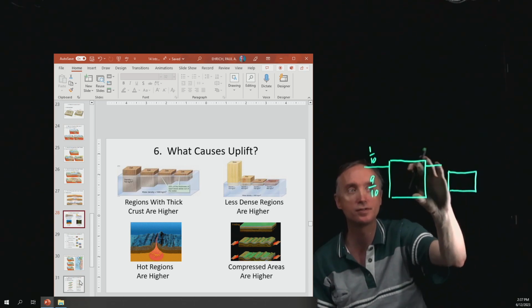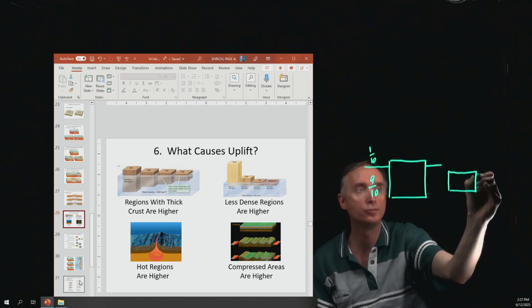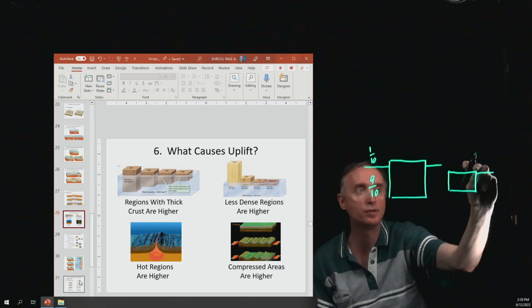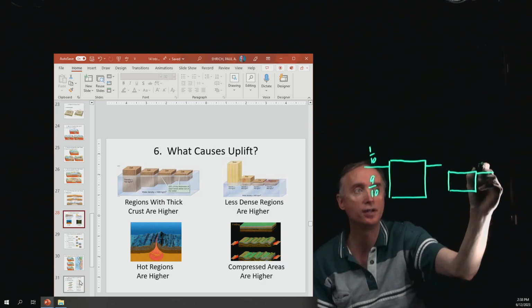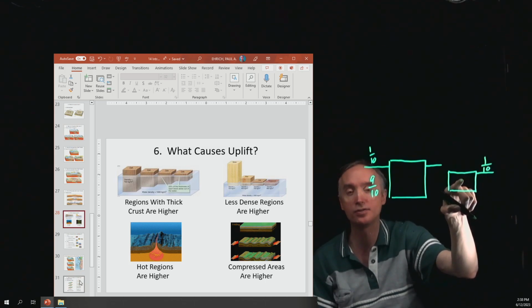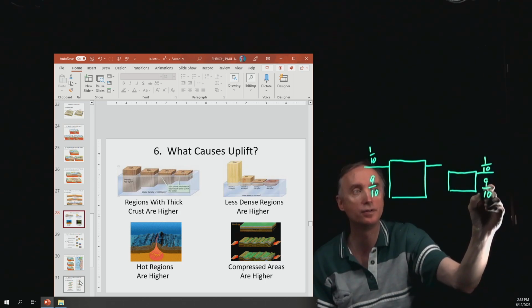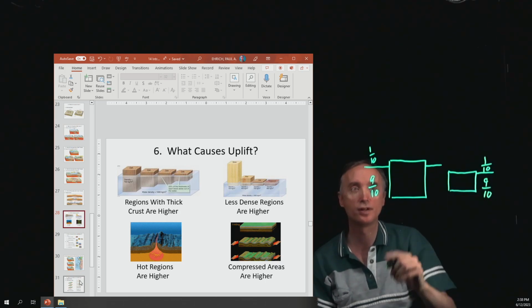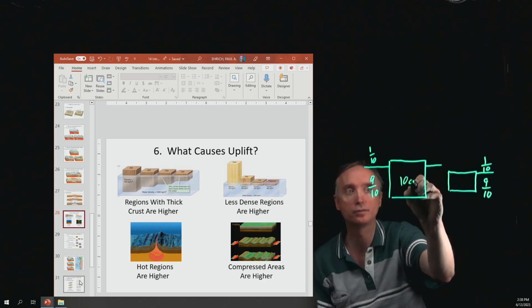But notice that since this one is thinner than this one, when I draw the level of the water, do you see that this has to be thinner than this one over here? Again, 1/10 of this ice cube is sticking out of the water, and 9/10 of it is below. So let's say this is 10 centimeters thick.